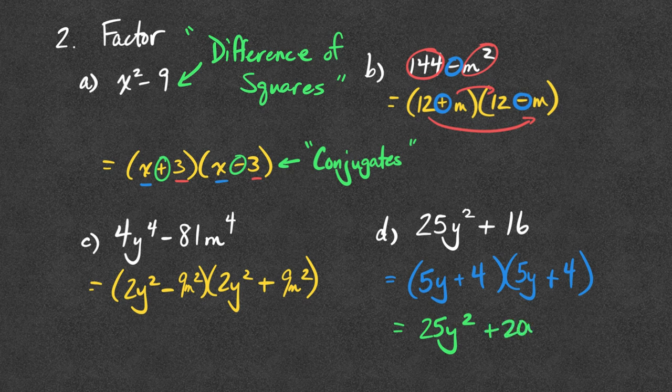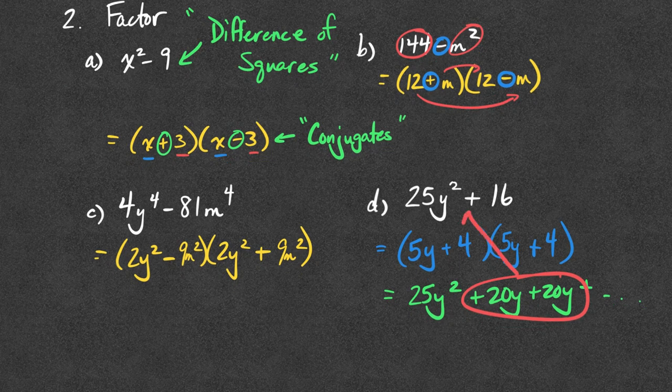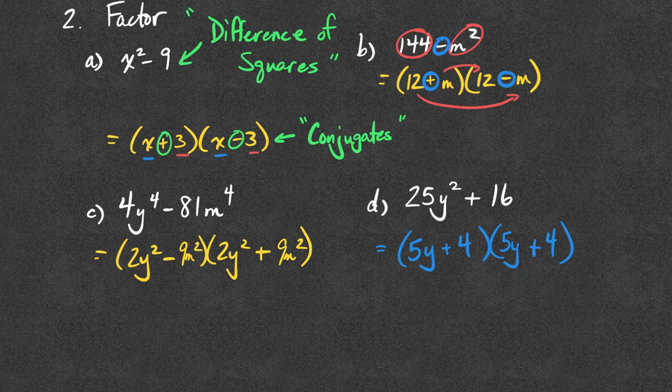But now, if I expanded those brackets, I don't even care about the end on the 16. I'm going to get 40y in the middle, and I can see I do not have a middle term there. So I'm hoping that you can take a look at D right now, and you can tell, oh, wait a second. I cannot factor D.